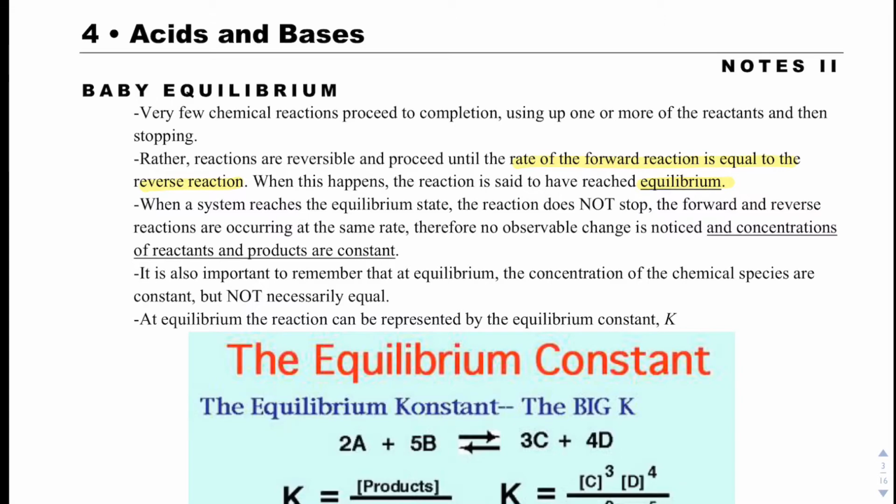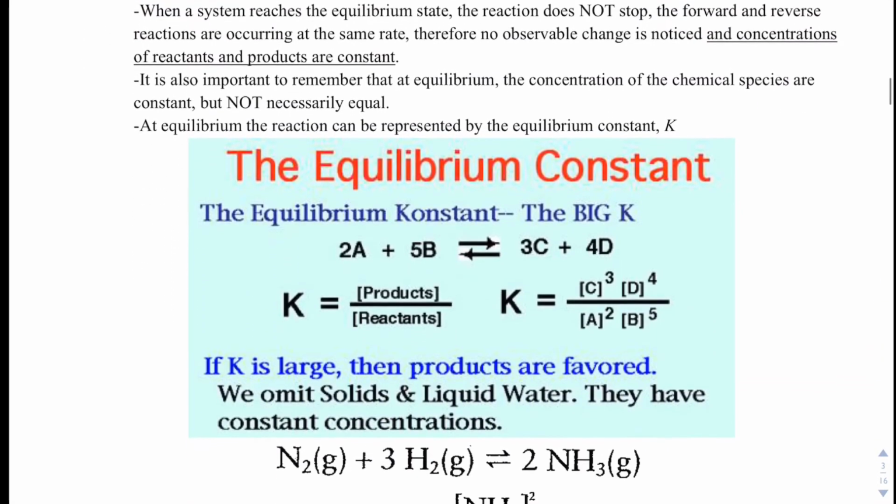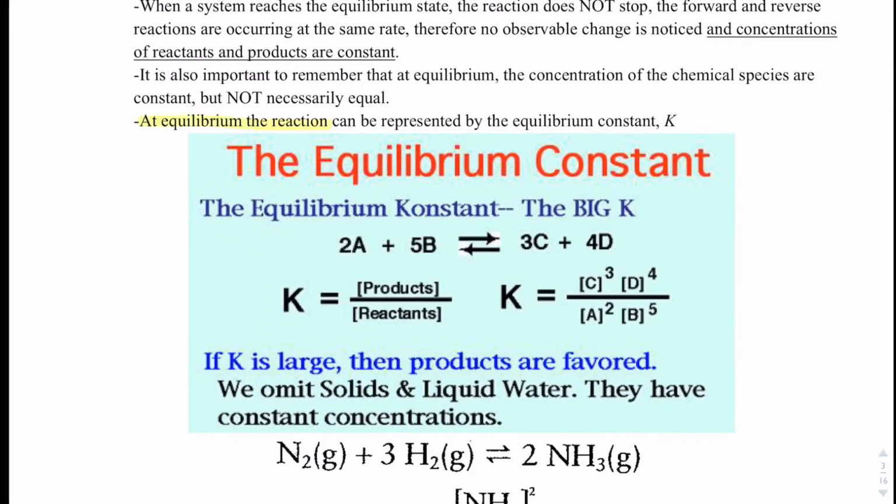Okay, so we can mathematically represent an equilibrium reaction using something called K. This is the equilibrium constant, and this is the ratio of products to reactants when the reaction reaches equilibrium.